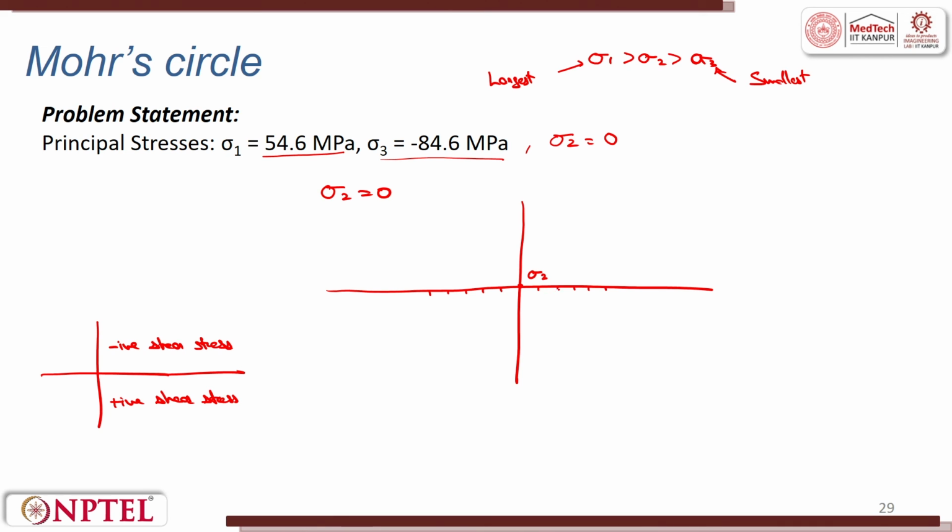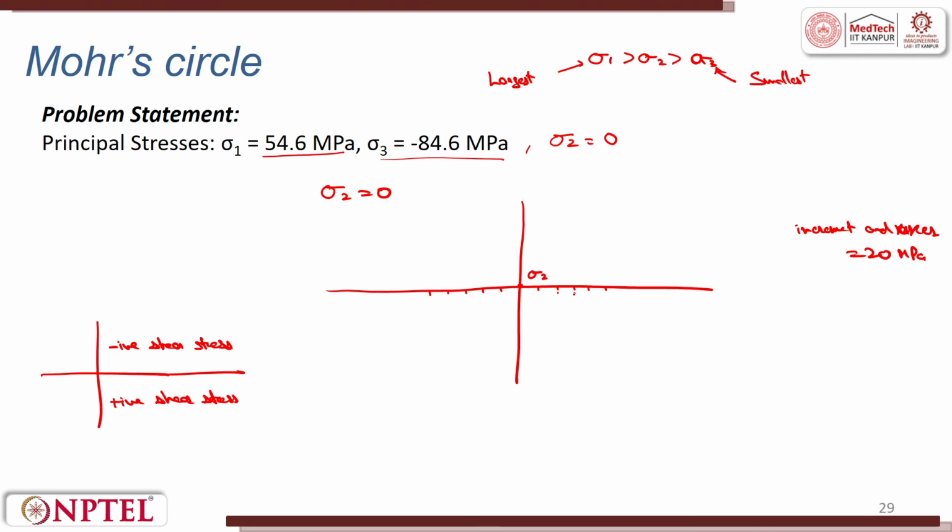Between 40 and 60, each increment on the axis is equal to 20 megapascal. What are these drawn here?